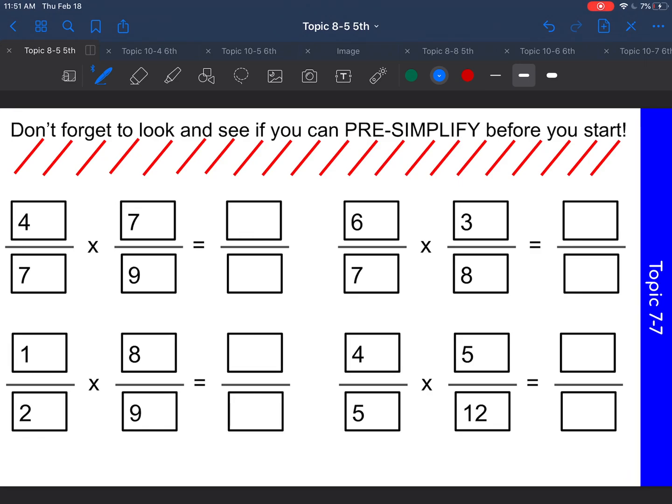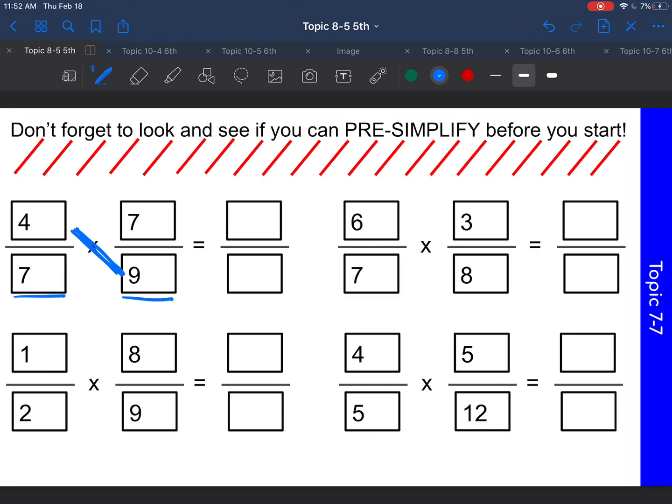So let's look at this first problem. It's 4/7 times 7/9. So we could just multiply straight across if we wanted to, okay? But we would have to simplify a lot at the end. So let's see if we can do some pre-simplification first. So look diagonally this way. Can 4 or 9 be divided by any number?